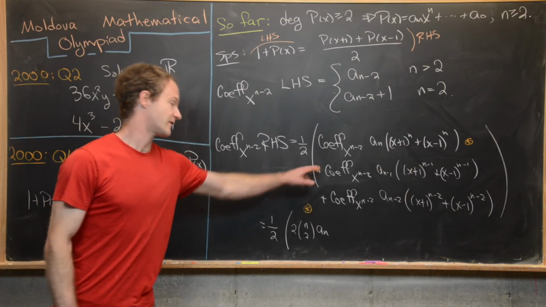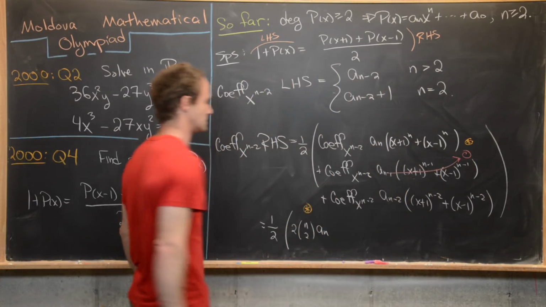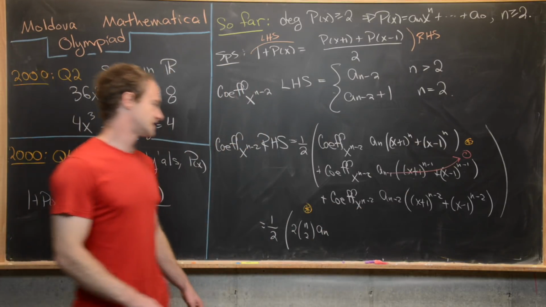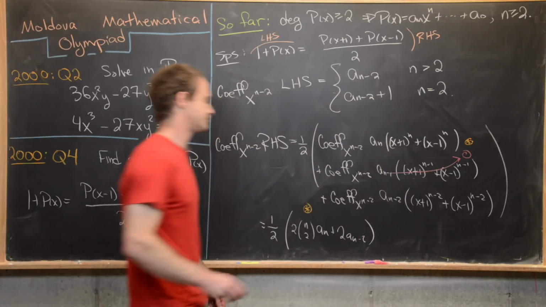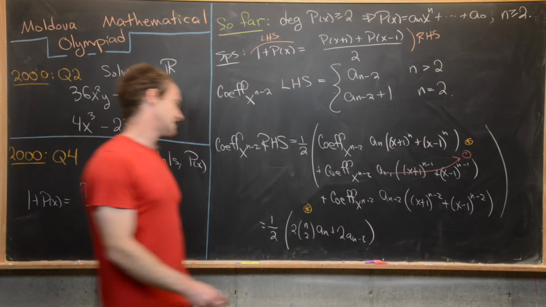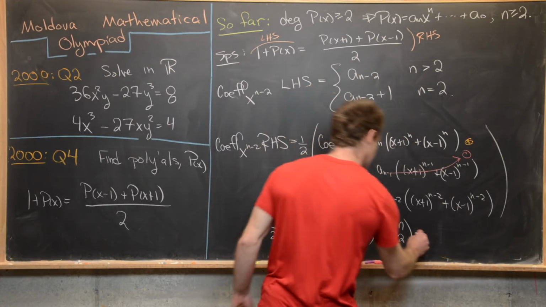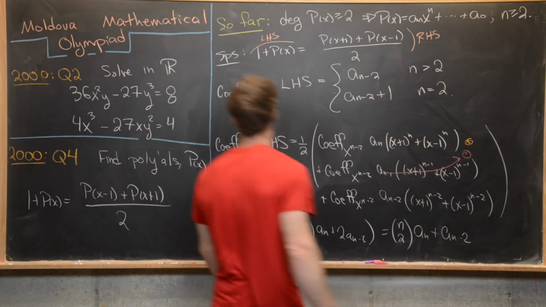We don't get anything from this right here, so let's maybe denote that by this thing goes to 0. Good. And then notice from this, we just get the top two terms. So that's going to be equal to 2a sub n minus 2. Good. So let's see how this simplifies. So that's going to simplify to n choose 2, a sub n plus a sub n minus 2.